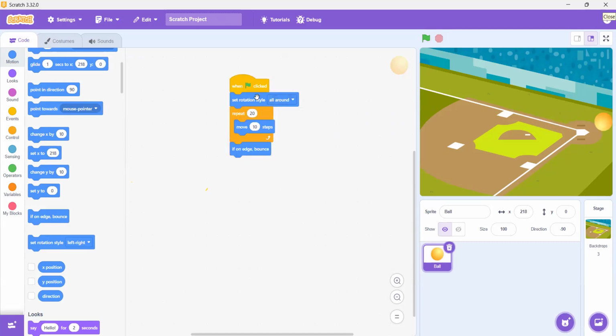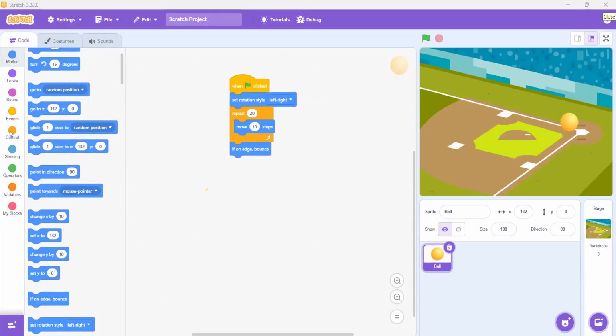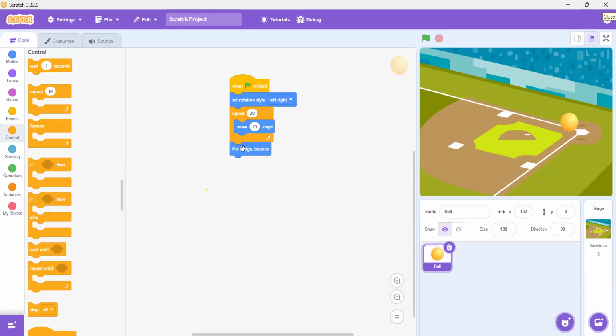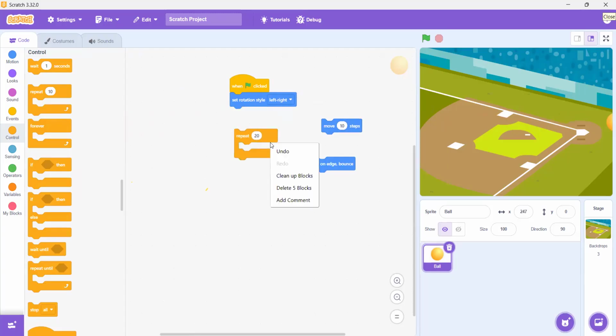Okay, let us do left and right. Okay, now let us do something else. There is something called, again, let us change it a little. I don't want repeat.